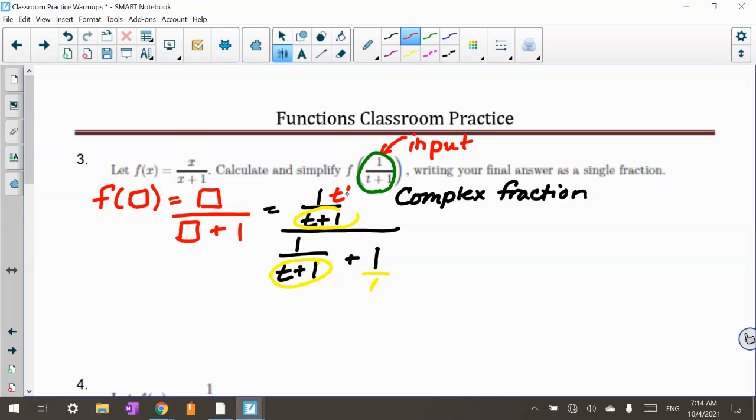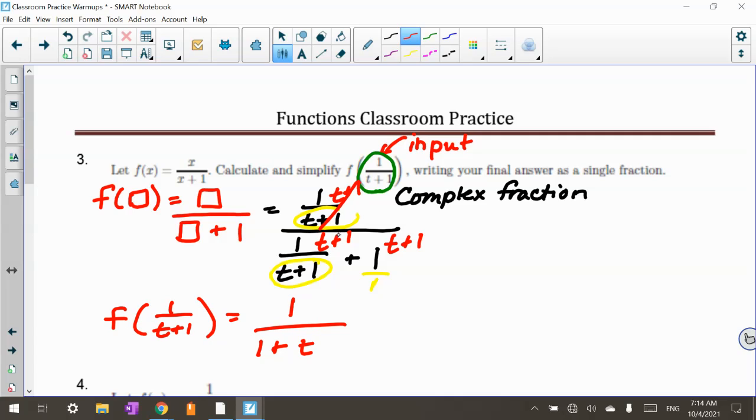So if I multiply this by t plus 1, this by t plus 1, this by t plus 1, I get f of 1 over t plus 1 equals, this cancels out, I have a 1 over 1 plus t, or t plus 1 right here, because these cancel out as well. Let me undo that. These cancel out as well. And then I have plus, then t plus 1.